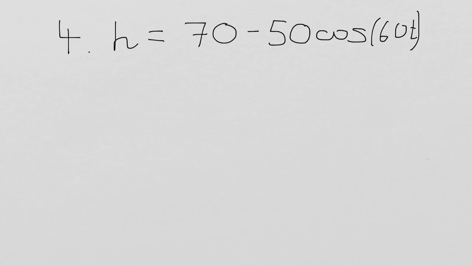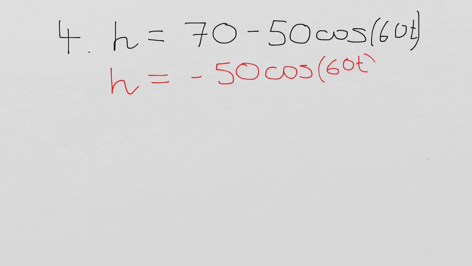Question 4 is very similar to the example we did in class, like question 3 and 5. First thing I would recommend you do is rearrange the equation so that it's in the form A cos bx plus c. So we can rearrange it to h equals negative 50 cosine 60t plus 70.